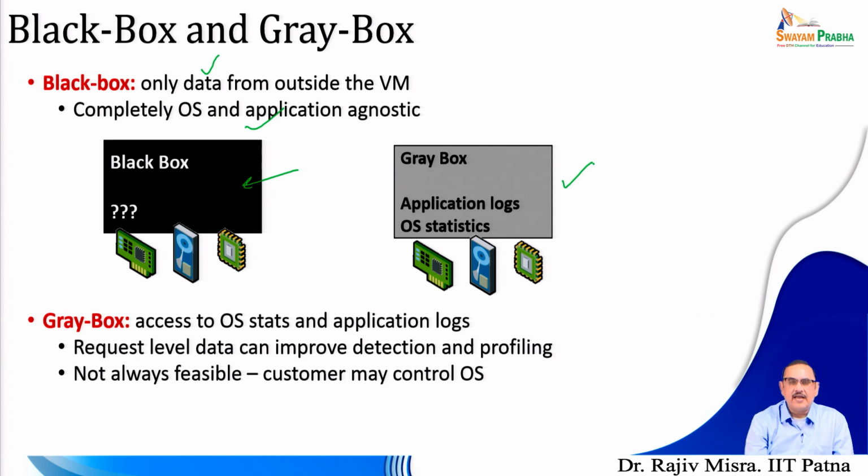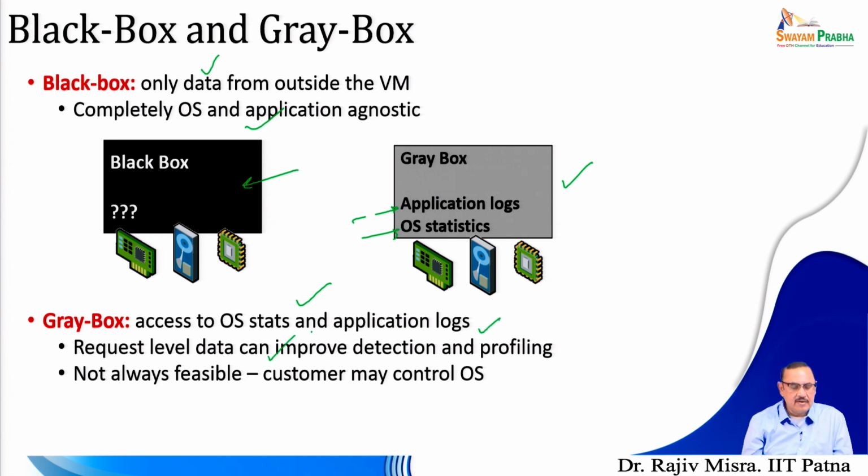The other method is called gray box. Here it has access to the application logs and operating system statistics, and through this information it will be able to make inferences about that particular virtual machine. So, gray box accesses the operating system statistics and application logs.